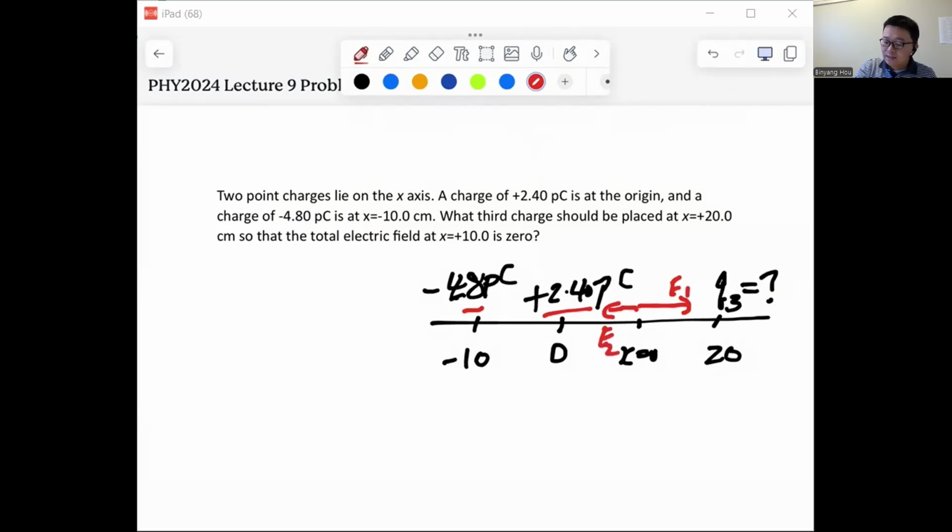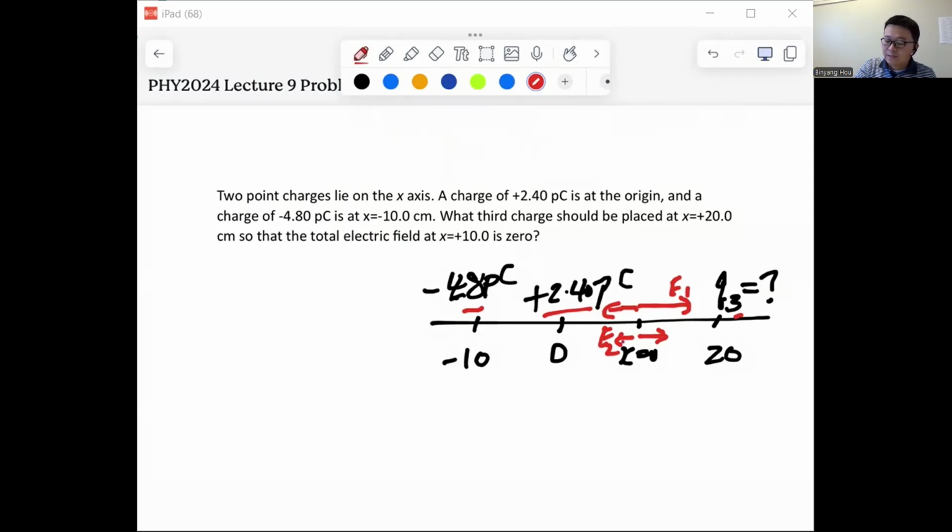Now let's see what this Q3 will produce; it depends on its sign. It will produce an electric field either in a positive direction here or in a negative direction. If Q3 is positive, then it's going to be pointing away, so in the negative direction here.